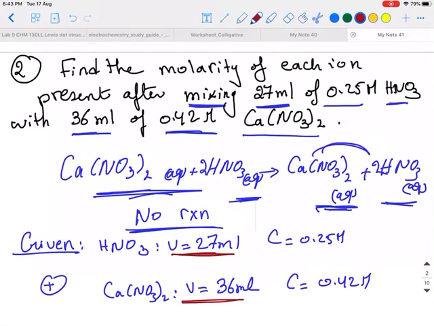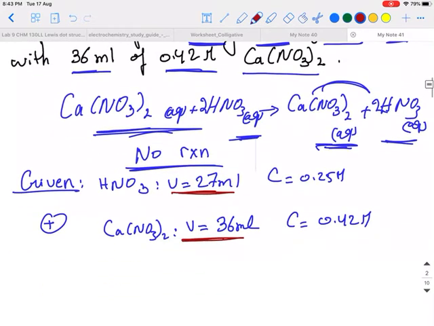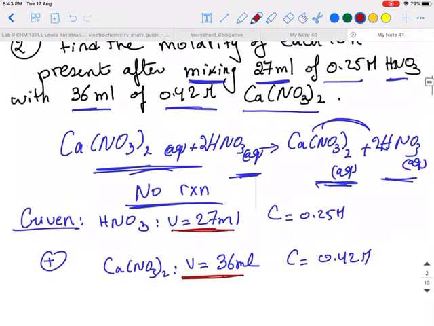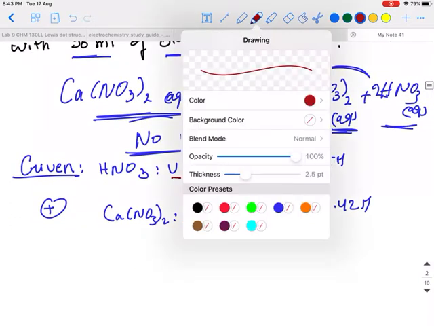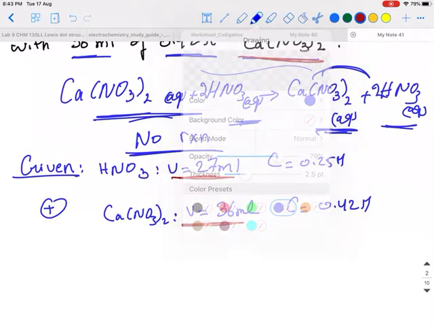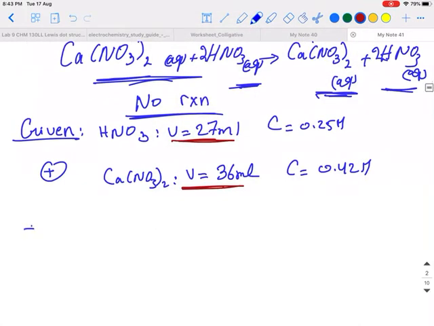Upon mixing these two, the volume will be increased. So this is a dilution problem. We have to find the concentration of each substance, nitric acid and calcium nitrate, after mixing, and then we look for the concentrations of each ion.